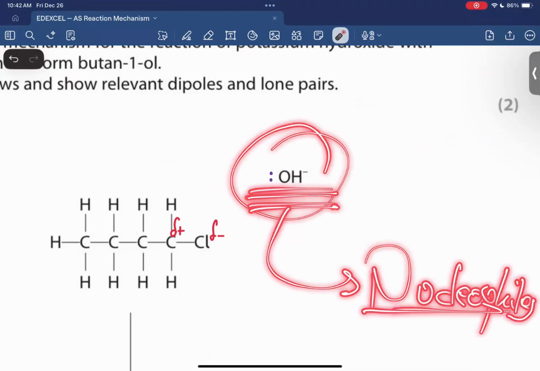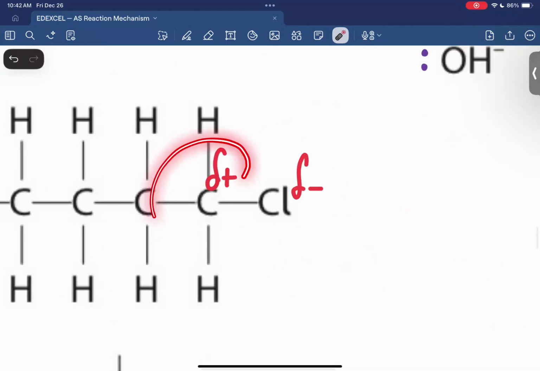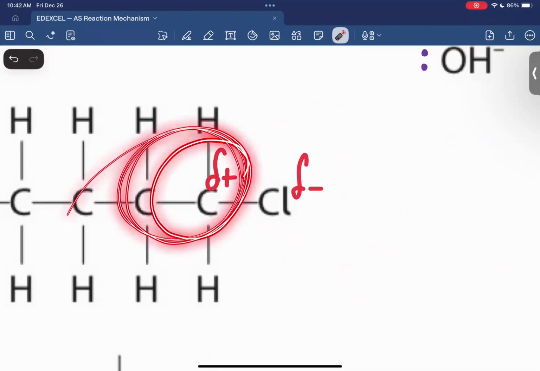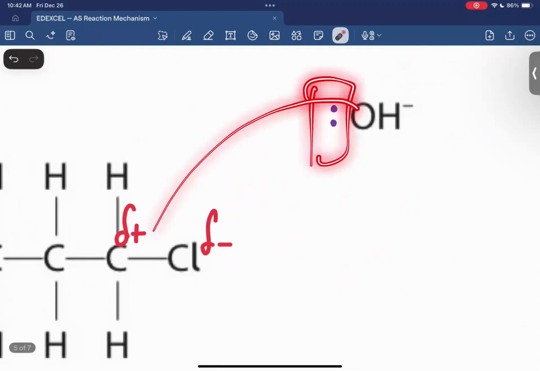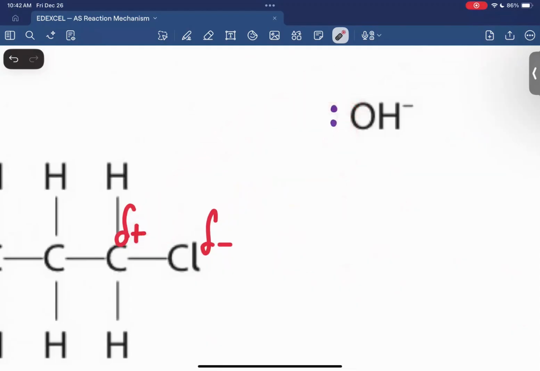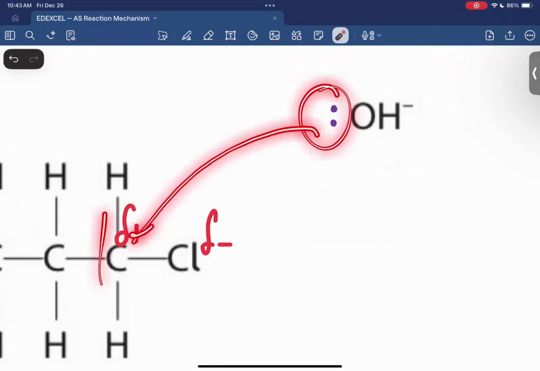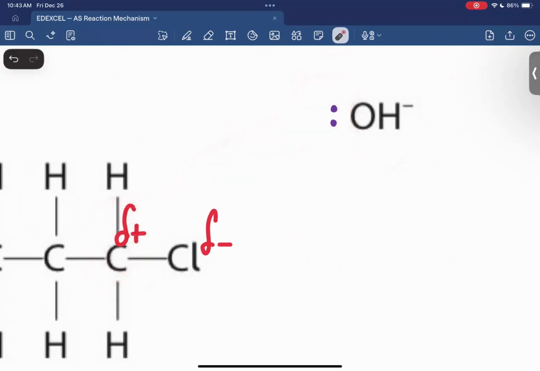They are basically nucleus seeking, see? And they have a lone pair of electrons which they could donate to this nucleus. They could donate this lone pair of electrons to the nucleus and balance the charge off, right?